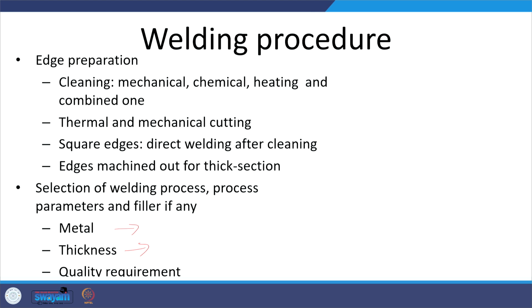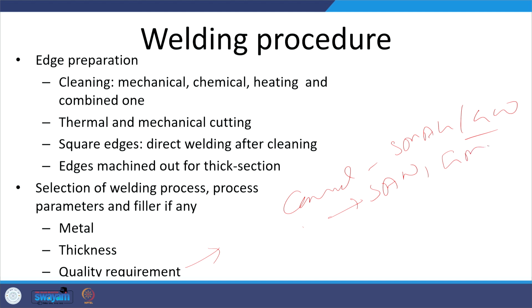Like, say, for thin sheets we may prefer TIG welding or laser welding, but for normal welding we may use SMAW, or for thick sections we may go for SAW, submerged arc welding. So, depending upon the section thickness we may have to choose a suitable welding process. Then the quality requirement: if it is casual welding then even SMAW or gas welding is fine, but if it is commercial grade, then we will be looking for submerged arc welding or gas metal arc welding.